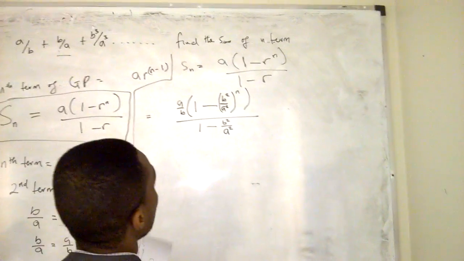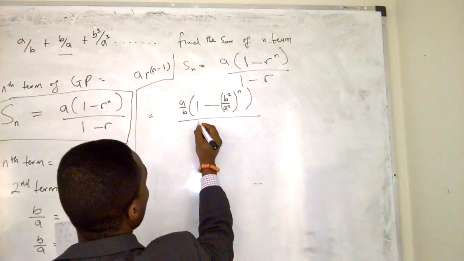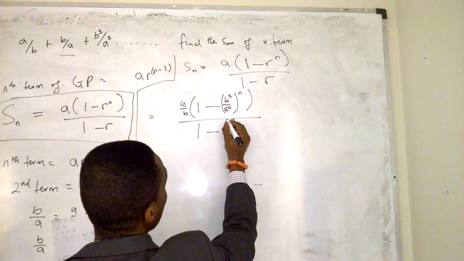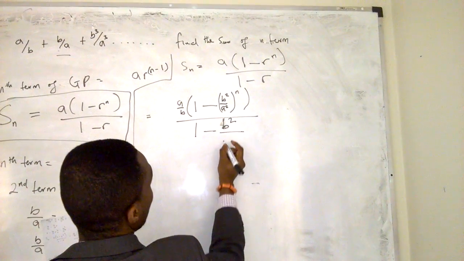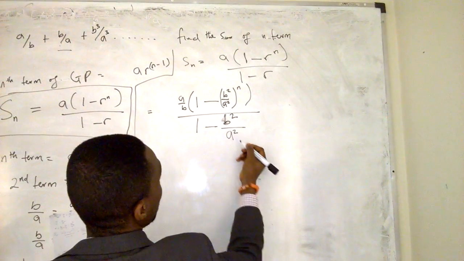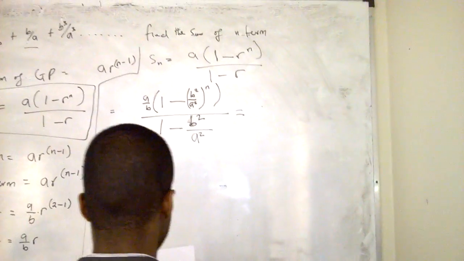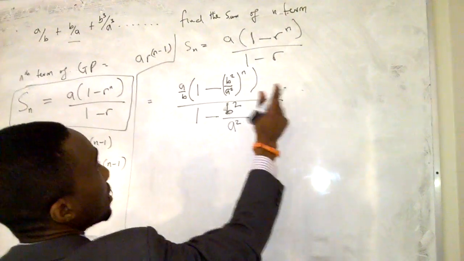Right, I'm just going to write this a bit bigger for us to see. 1 minus B squared over A squared. And if you multiply this, let's multiply this out.